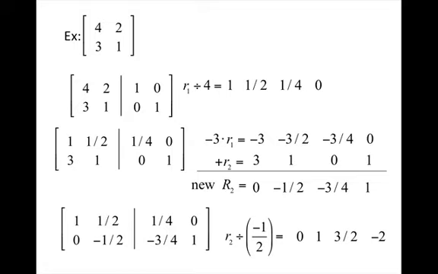And 1 divided by -1/2 gives me -2. So this is going to become my new row 2. So I'm going to replace row 2 with 0, 1, 3/2, -2, and keep row 1 the same. Row 1 is going to stay 1, 1/2, 1/4, 0.